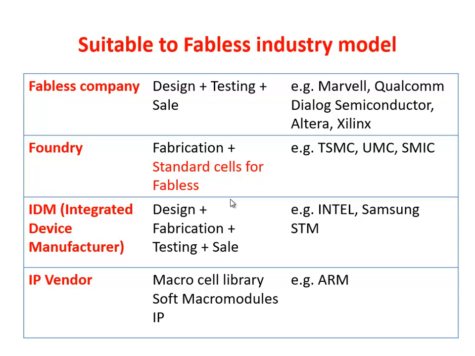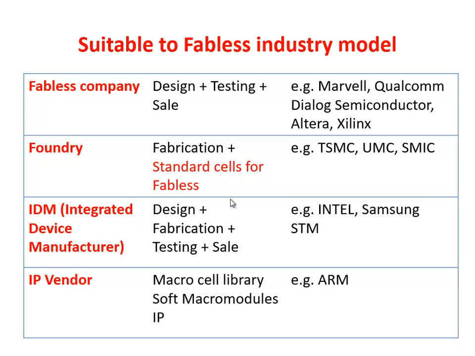On the other hand, you have the foundry. The foundry typically provides fabrication, and as I just mentioned, they very often also provide ready-made standard cells for fabless companies. So they can really accept a design at the gate level, or even at the standard cell level, but without providing the complete library to the designers, only the external shape of the standard cells.